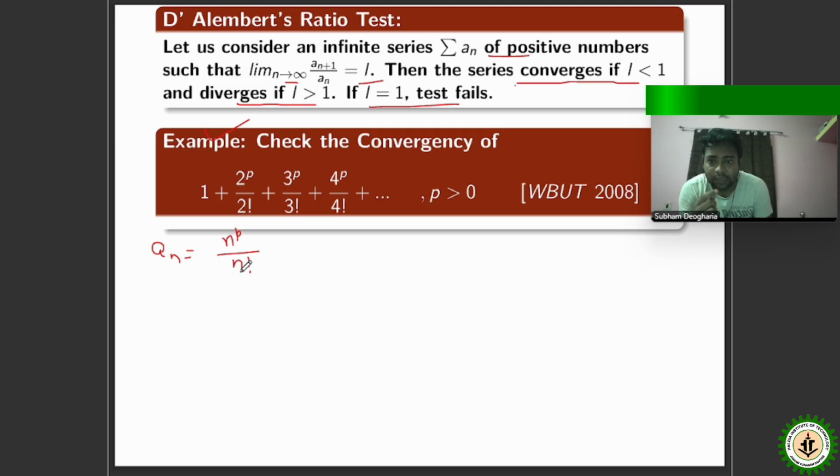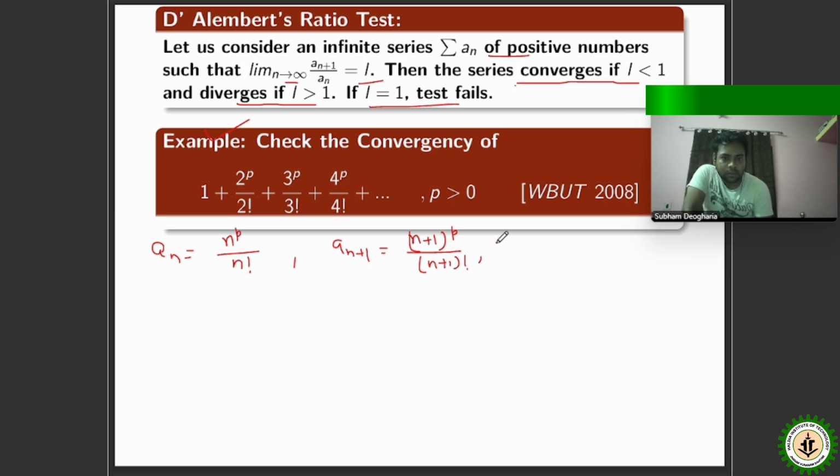If we put n equal to 2, we get the second term. If we put n equal to 3, we get the third term, and so on. So a(n plus 1) will be equal to (n plus 1) to the power p by (n plus 1) factorial.